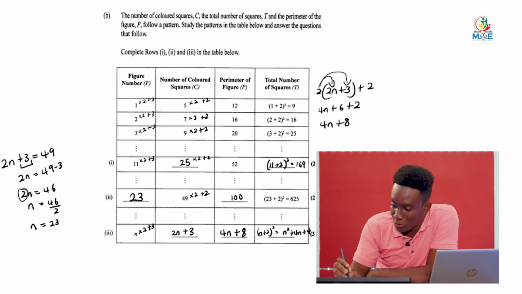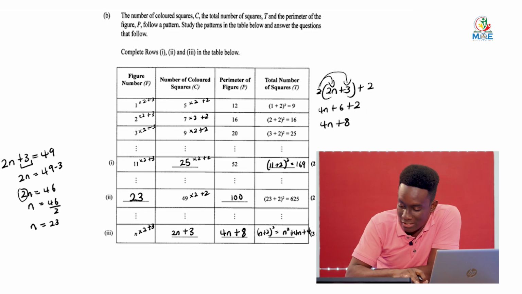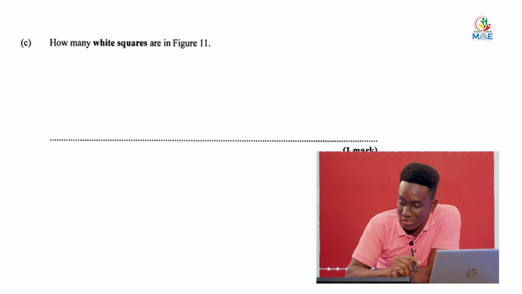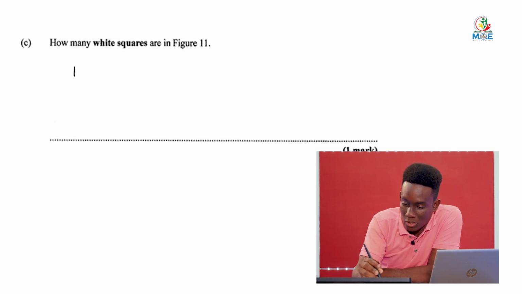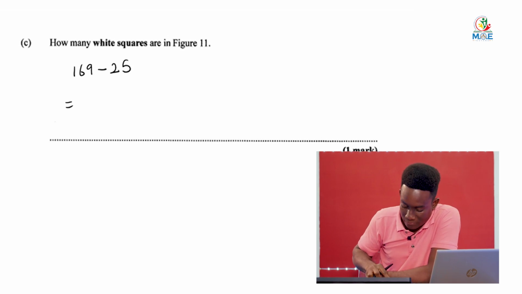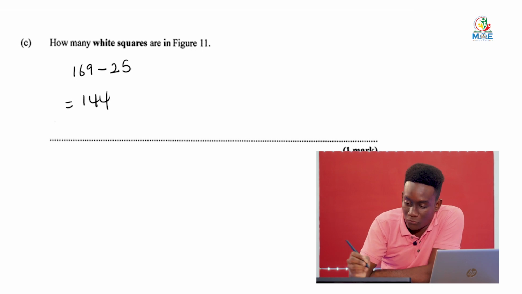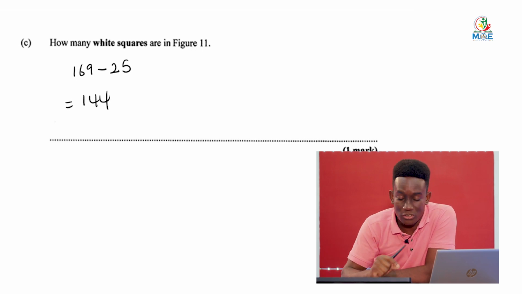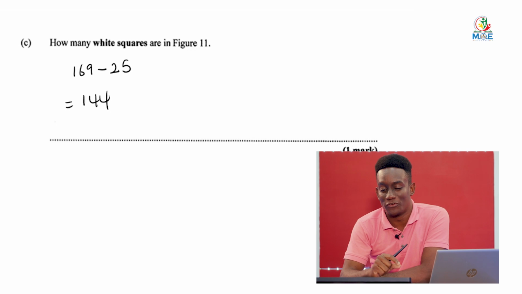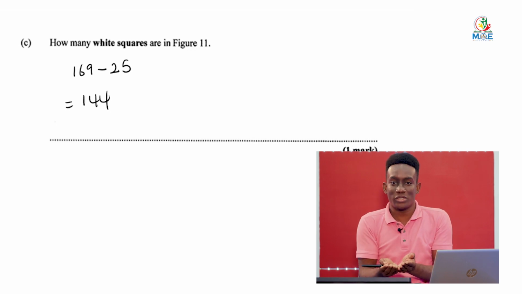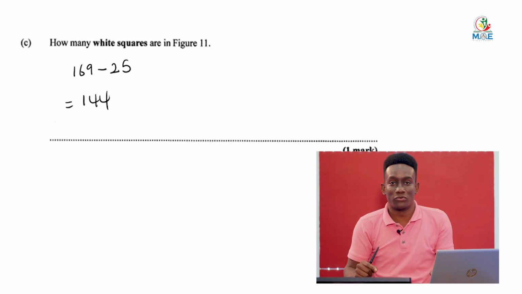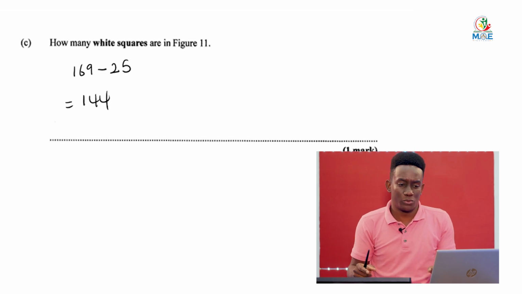And then the number of colored squares, the shaded squares, would be 25. So to get the number of white squares would simply be 169 subtract 25. So 169 subtract 25 would give us 144 white squares. So all we had to do was subtract the number of shaded squares from the total number of squares, and of course the total number of white squares will remain.